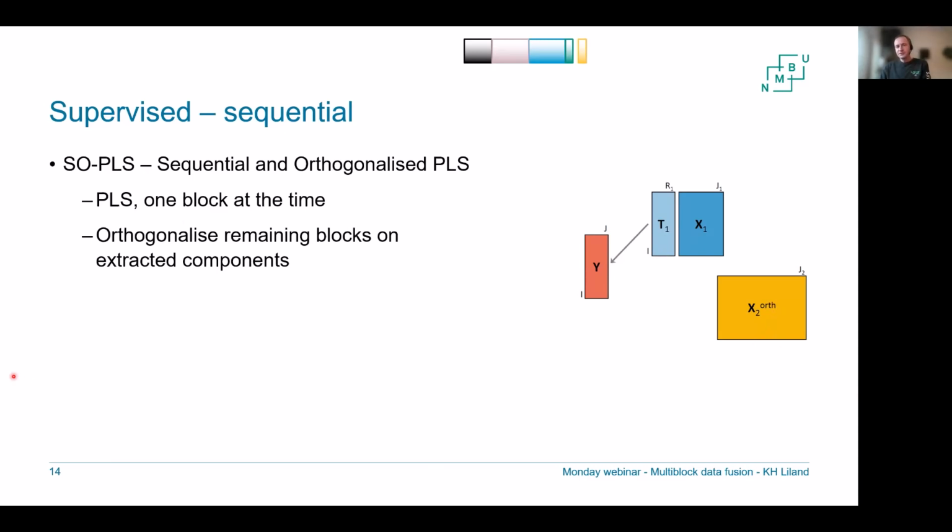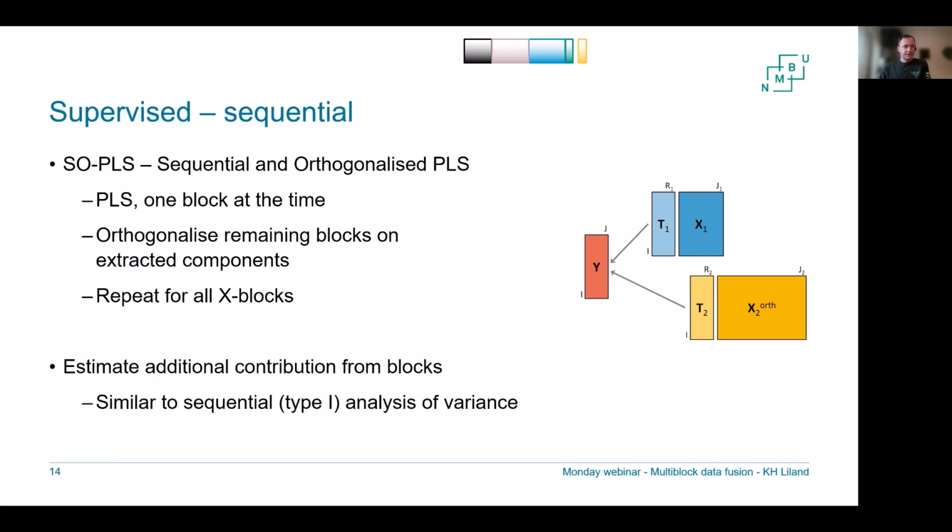If you have more blocks after this X2, they will also have to be orthogonalized on this first score. And then we do a new regression between the orthogonalized X2 and our response, deflated response typically. And if we have more blocks, we will repeat the process, alternating between our orthogonalization and PLS regressions.